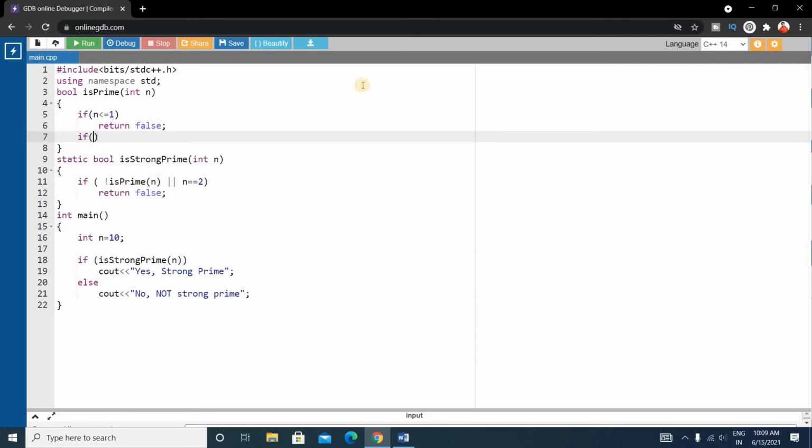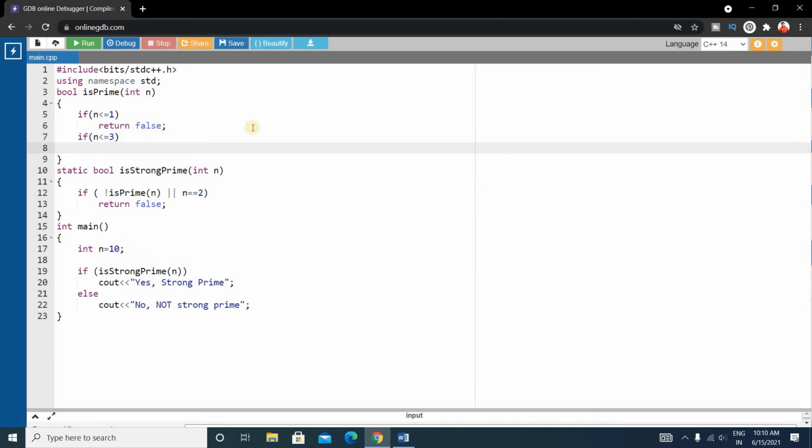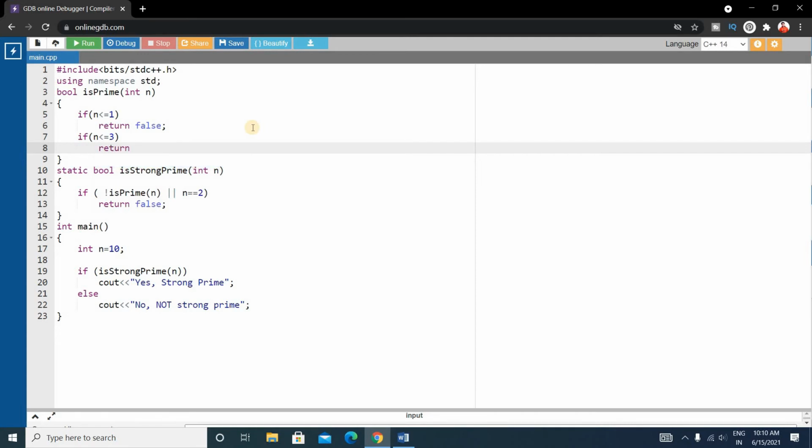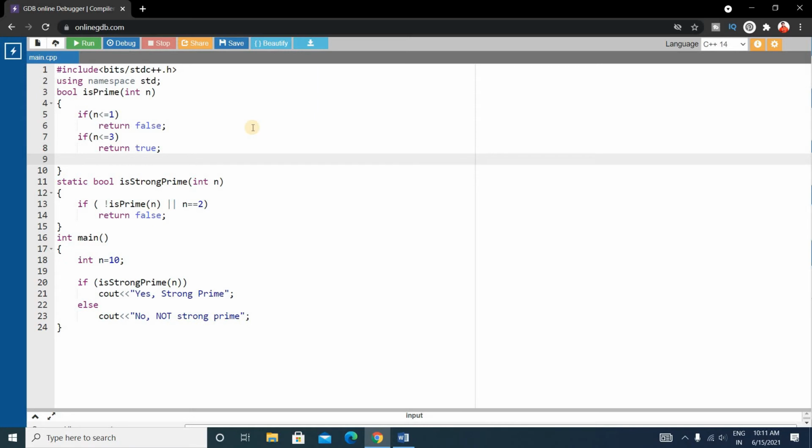Again we'll check the condition if the number is less than or equal to 3, that is if the number is 2 or 3, then this is a prime number, so we'll return true from here. Okay, now we'll check if n modulo 2 or n modulo 3, that is if any number is divisible by 2 or by 3, then this is not a prime number.